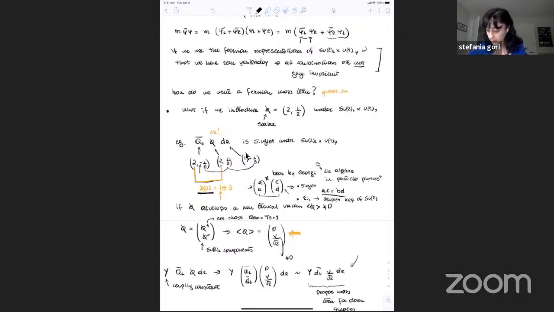This is what I meant with 2 times 2 equals 1 plus 3, so that you have 2 possibilities of building a representation that is either a singlet or a triplet. But you can find many more details, obviously, in this book if you want to learn more about Lie groups for particle physics.